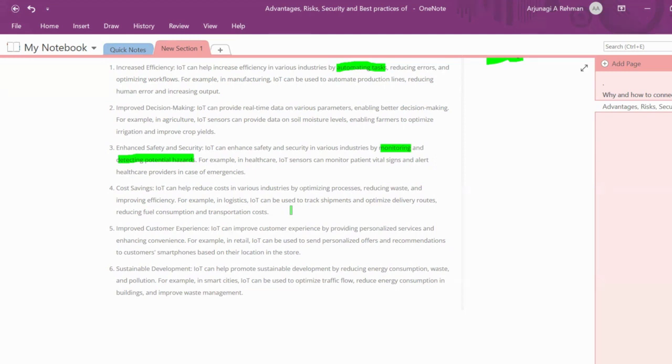So, I guess it is obvious for everyone, if we are increasing the efficiency, if we are improving the decision making, if we are taking smart decisions, and we have enhanced safety and security, this will definitely lead us to cost saving.